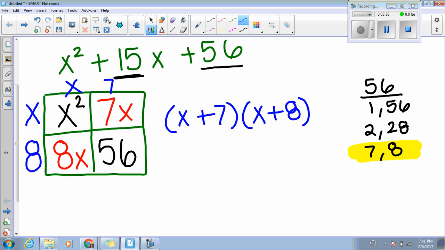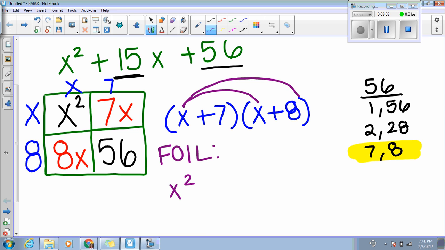I'm going to use FOIL. So FOIL is first, outside, inside, last. I'm going to do first, x times x is x squared. Outside, x times 8 is plus 8x.